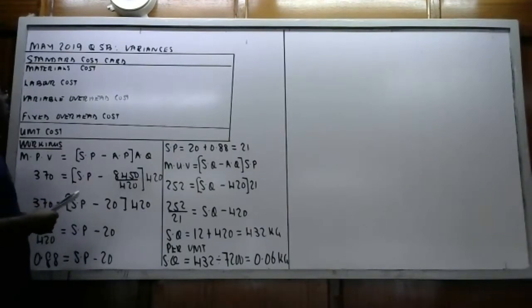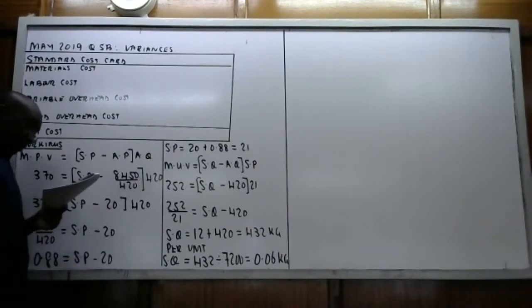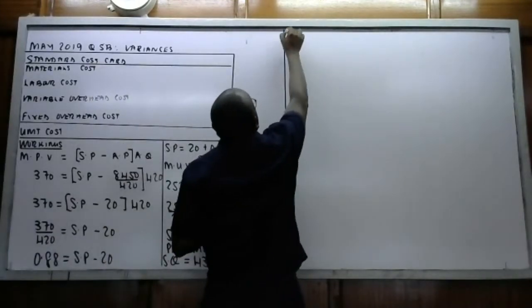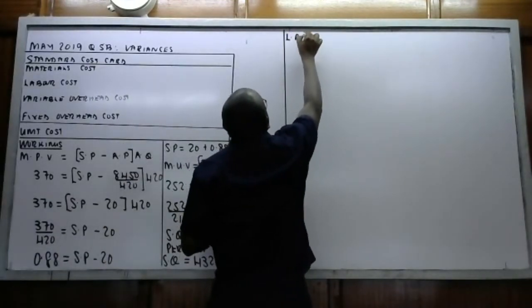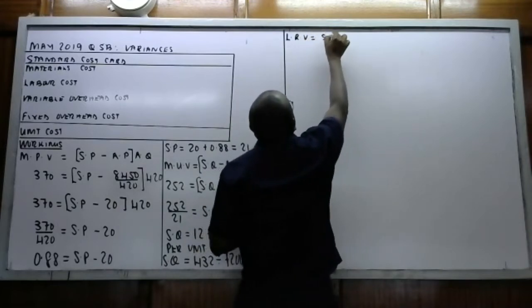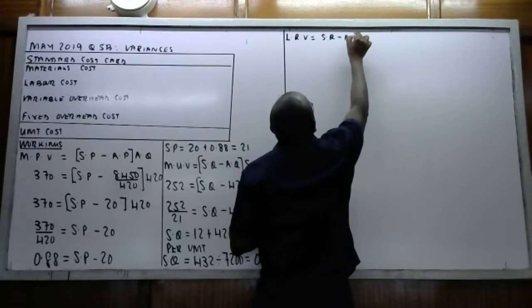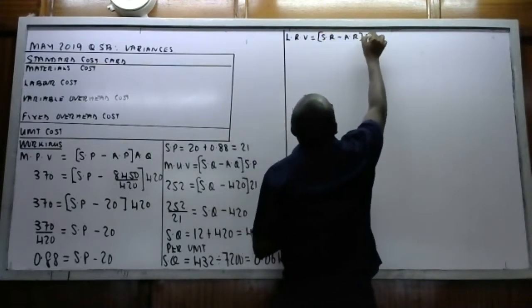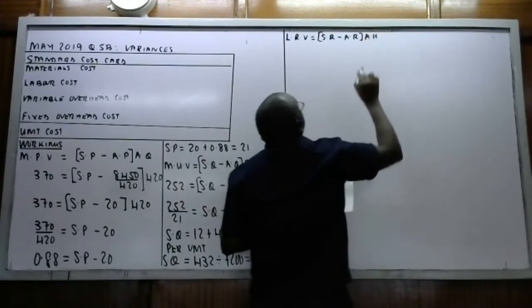Let us now go to labor. Labor rate variance. Labor rate variance is given as standard rate minus actual rate, you multiply by actual hours.